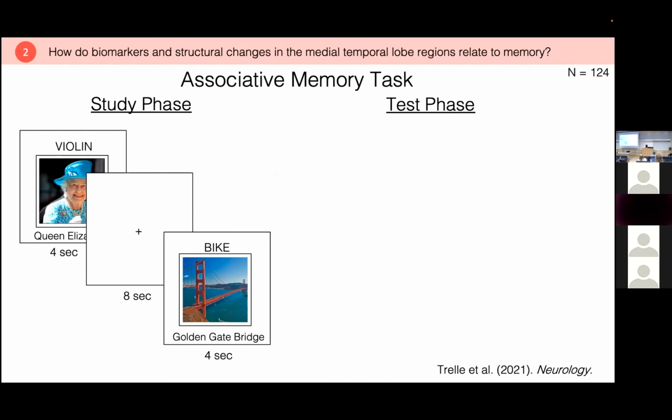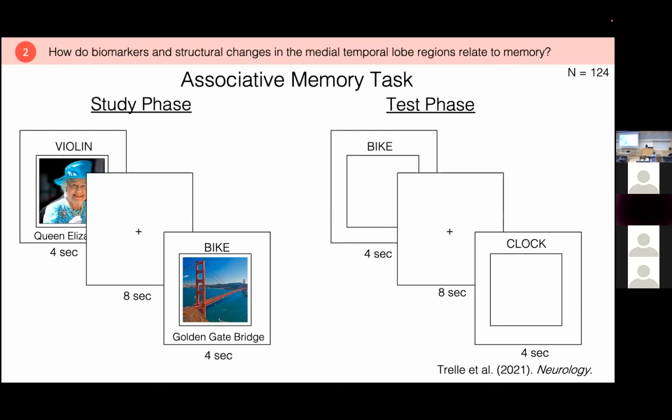In this study, participants were asked to learn a series of word-picture pairs. So learn violin and a famous face like Queen Elizabeth, or a word, bike, and then a famous location. In the test phase, we showed them the word cue, and they had to try to tell us and remember the picture that was associated with it. Ali Chell has published some of this data looking at MVPA, but I'm not going to touch on it today.